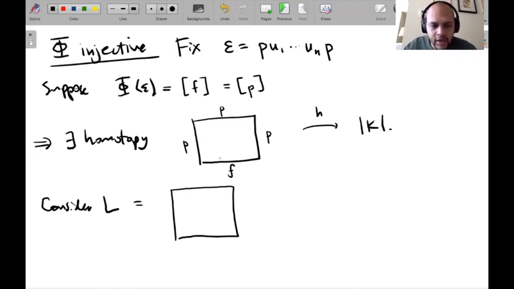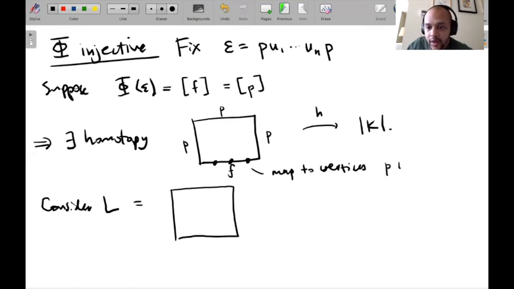So recall that the way we defined F, there are these points along F which map to the vertices.